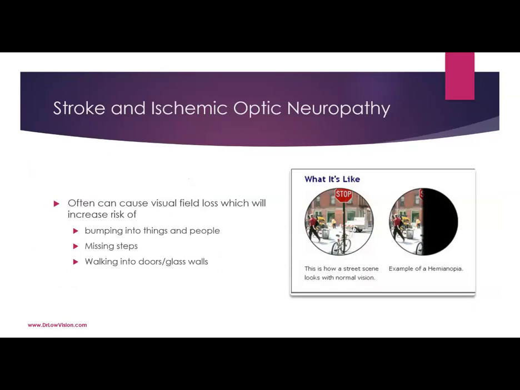Someone who might have had a stroke or an ischemic optic neuropathy, this affects portions of their visual field. And often in a stroke, it'll be one half of their visual field that is affected, and it could be in both eyes or one eye. With ischemic optic neuropathy, it's often either the lower half or the upper half field. So again, if it's that lower half, they're not going to be seeing those curves, the stairs, if they don't know how to actually utilize the vision that they still have.